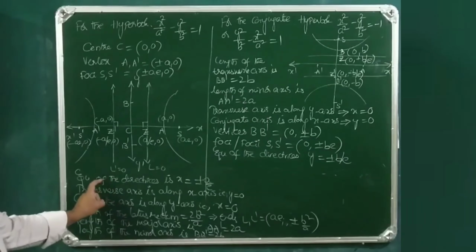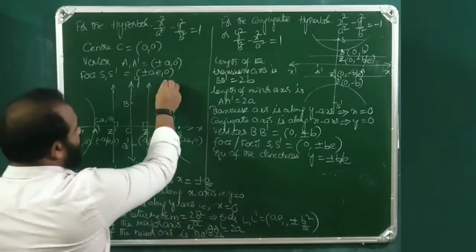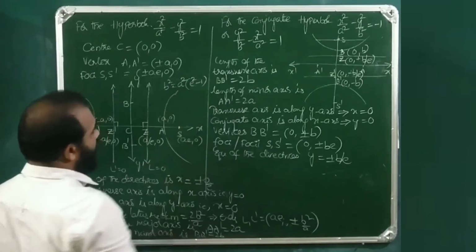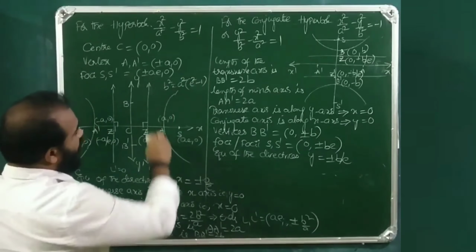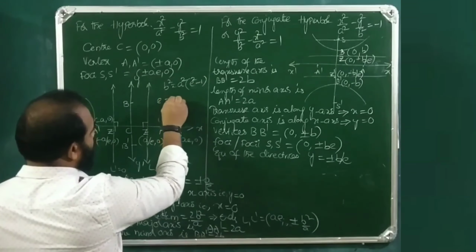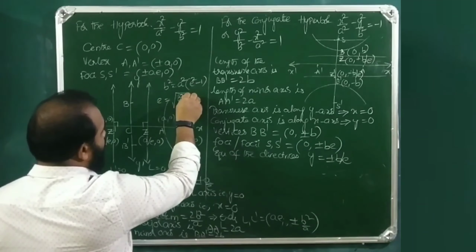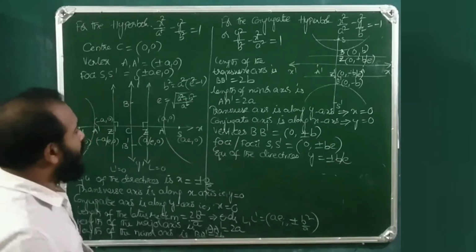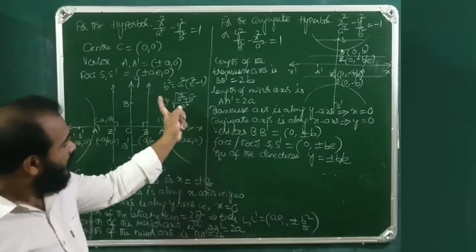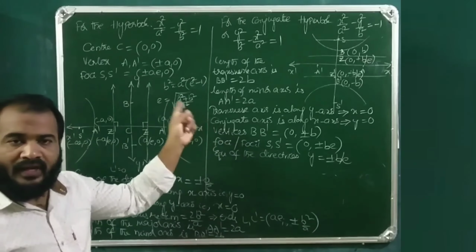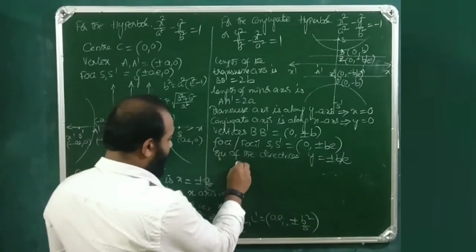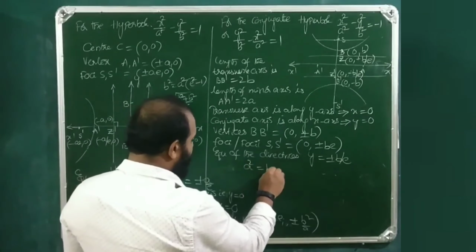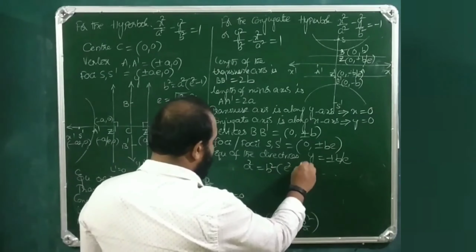Here the condition is b square equals a square into e square minus 1.